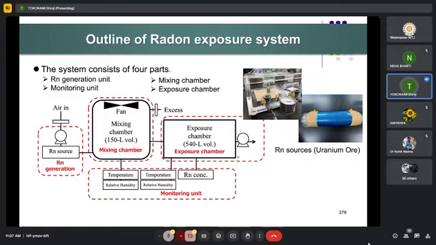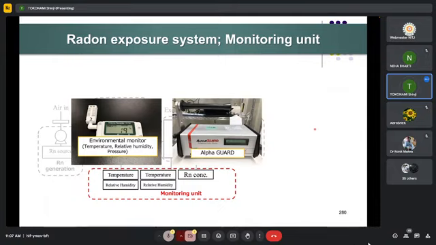Here is the exposure chamber. The inner volume is 540 liters. This is our environmental monitor.